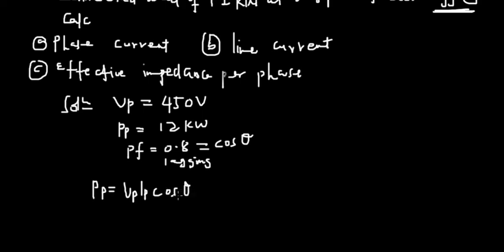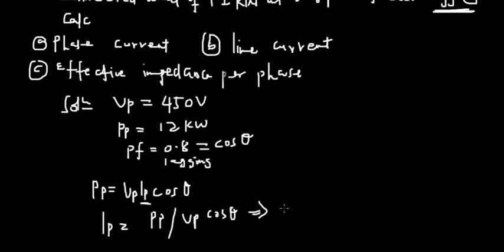This is from our video on power calculation, in case you want to go back and find out. We are finding the phase current, so let's make that the subject. Our phase current will be equal to our power phase divided by Vp cos theta, and we know that cos theta is equal to 0.8.